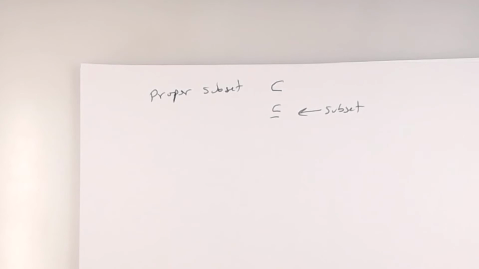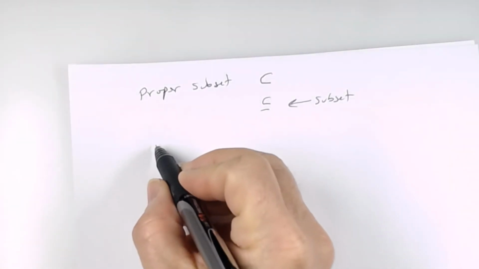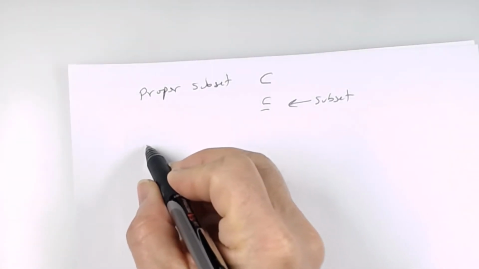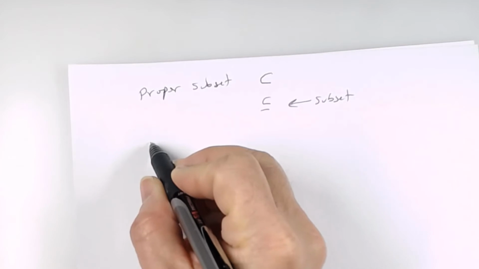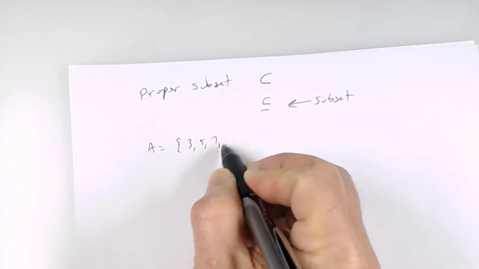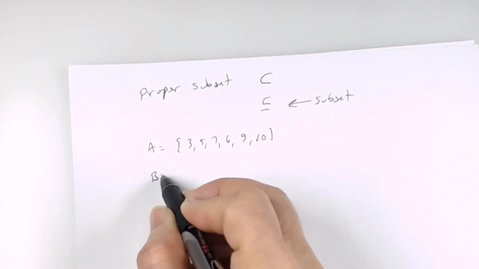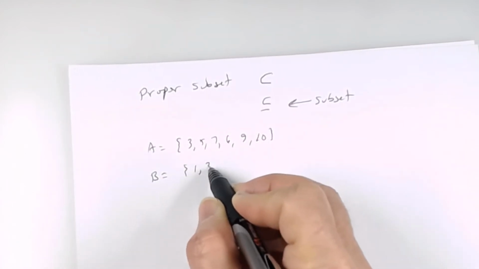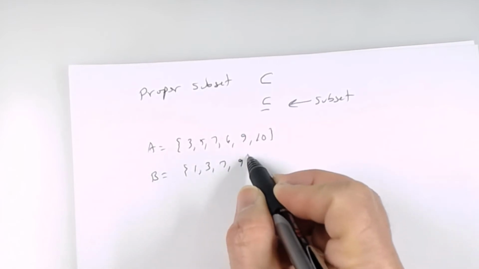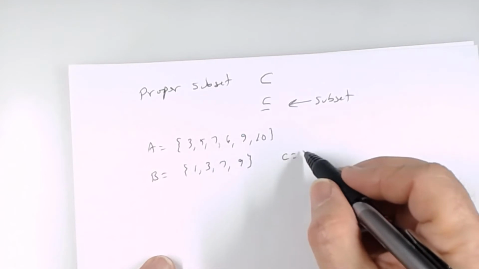We're going to start out with an example. Let's suppose that set A is this, and B is this, and C is this. Just write these down.